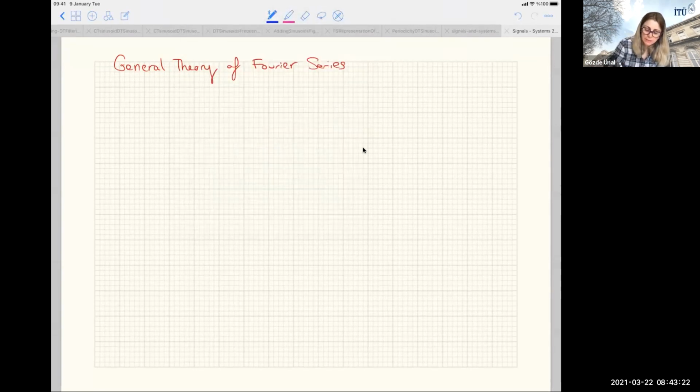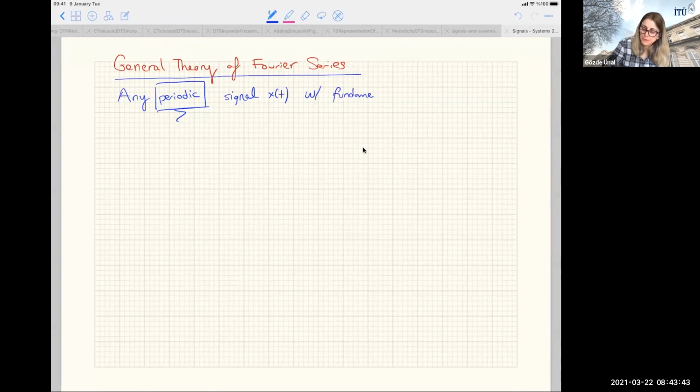Okay, so any periodic signal. Currently it's periodic, later with the Fourier transform, it's going to be any signal. So this is an important keyword: any periodic signal x of t, with fundamental frequency. Now this is the key term here. When it's periodic, I know I can find a fundamental frequency.